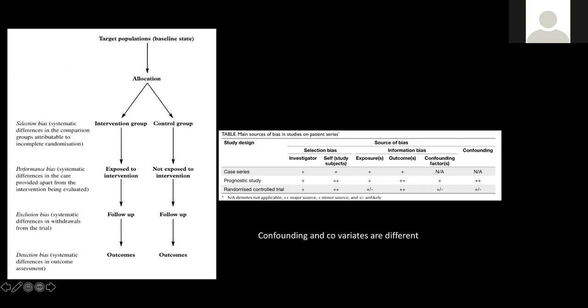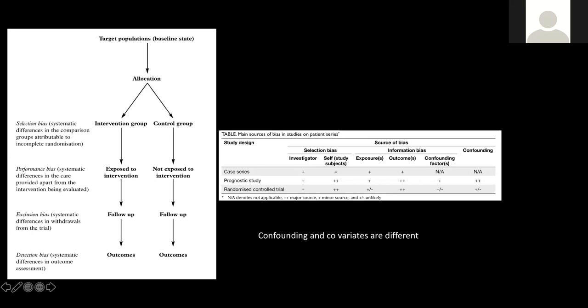It can be due to either improper randomization or just how the groups are being segregated. It can be a performance bias. It's a difference in the care provided to the different groups. It can be an exclusion bias, where there are people who are withdrawing from the trial and based on their differences. And it can be a detection bias, where there is a difference in the outcome analysis.